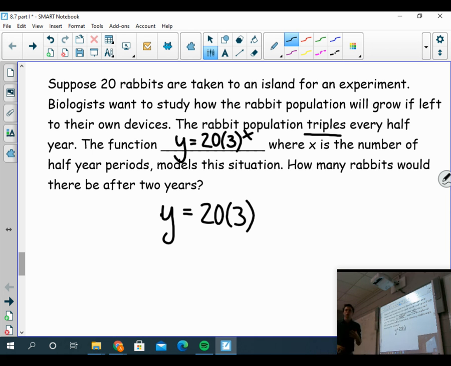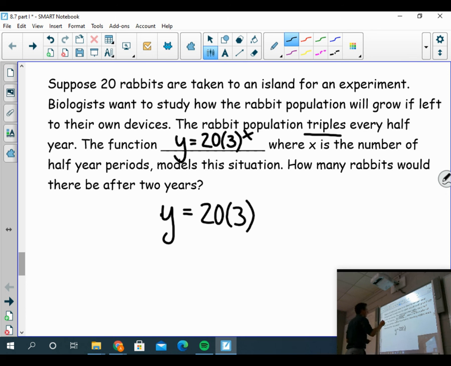Now the temptation is just put 2 in for the exponent, but that's not correct. Remember, x is the number of times your rate of change occurs. So when we're looking at this, if x is the number of half-year periods, and we want to know how many rabbits there will be after 2 years, how many times did that rate of change happen?